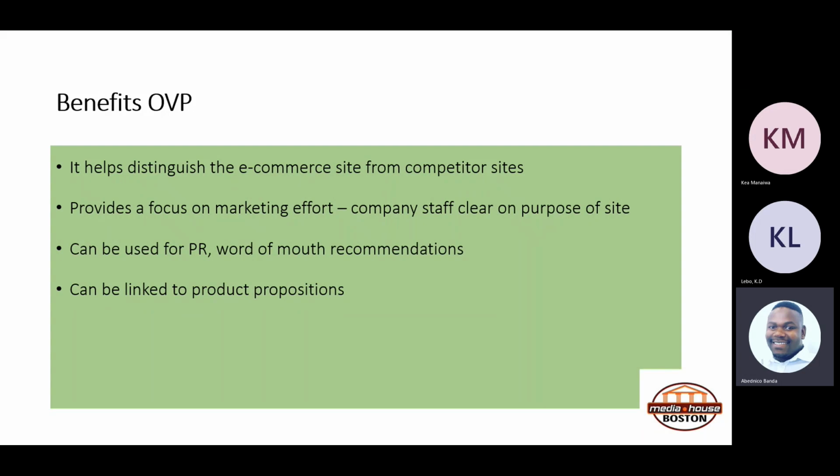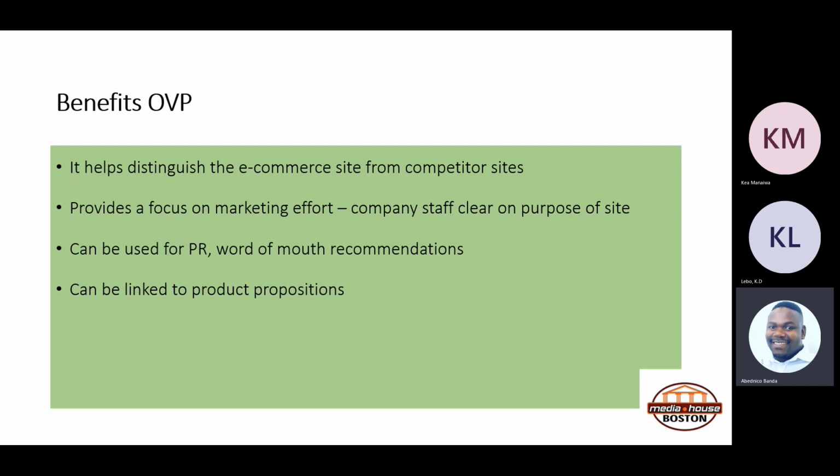There are benefits to online value proposition, such as distinguishing the e-commerce site from the competitor sites. So you can certainly know the difference between Wish and Shein based on the content that they create, the quality, the images, and the videos, the podcast, and everything that they create on their sites.